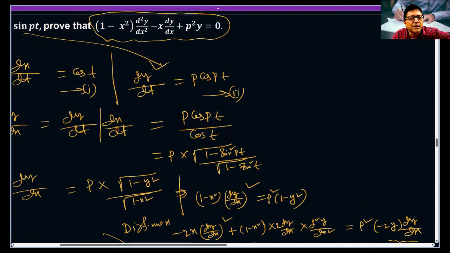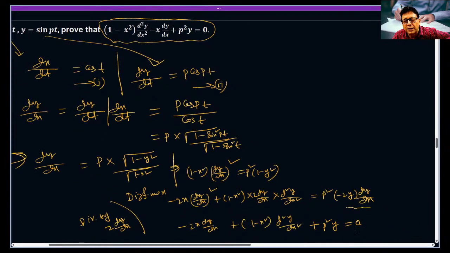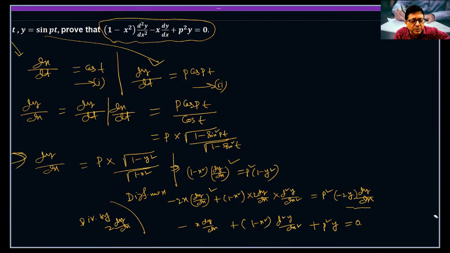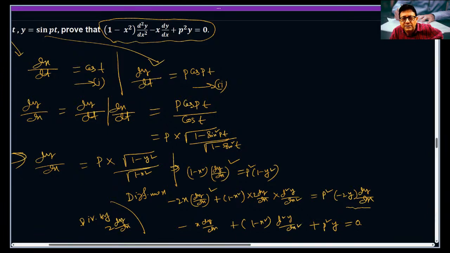And you see this is the sum only, no? 1 minus x square d square y by dx square, minus x dy by dx, plus p square y equal to 0. Oh my god, why 2? No, this 2 is not there because you have divided by 2 into dy by dx. This gets cancelled. Okay, I hope this will help you to start revision work on differentiation.